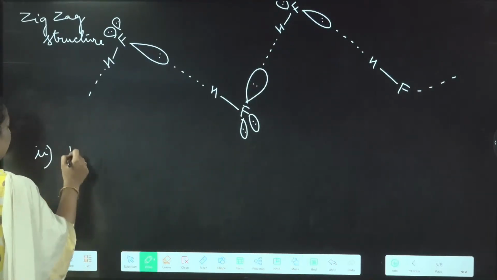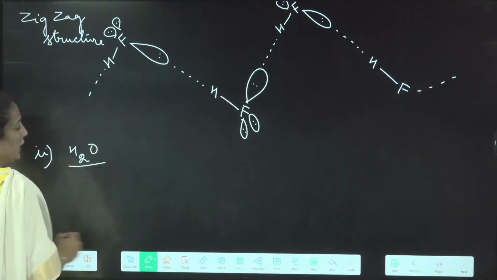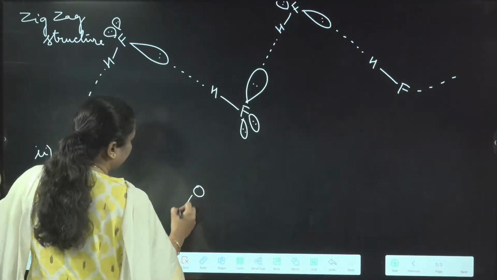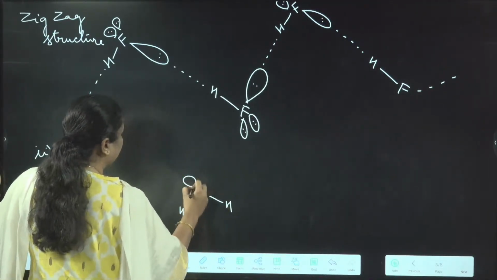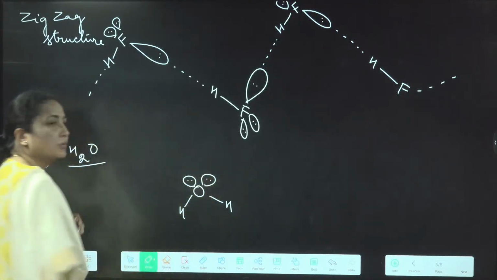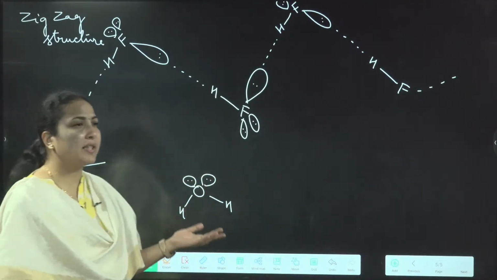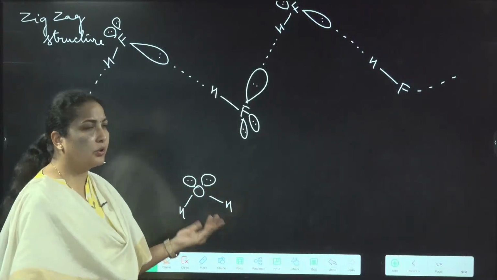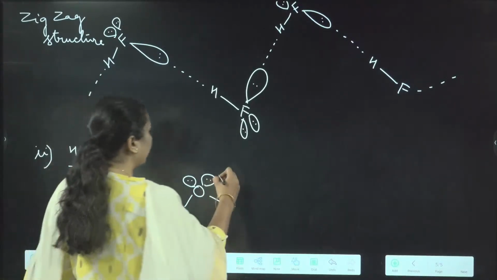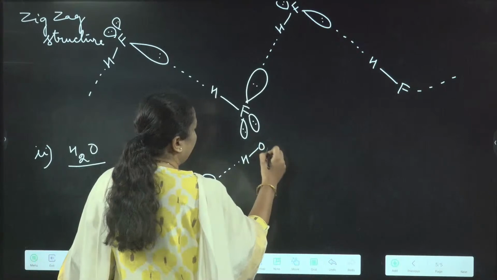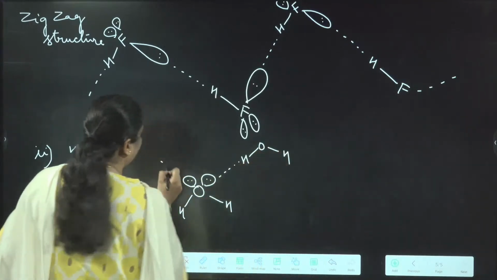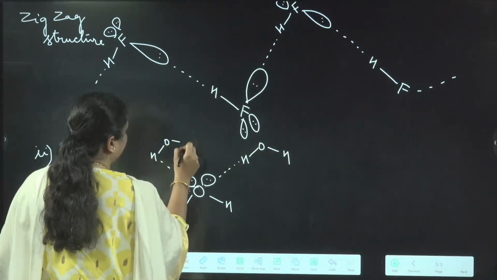Now, second one is H2O, right? In case of H2O, are you able to see you have two hydrogen atoms and you also have two lone pairs of electrons? So here nothing is limiting. Here they are equal, so there is equal probability of hydrogen bonding. One lone pair requires one hydrogen. Here also one lone pair requires one hydrogen. Are you able to see that?